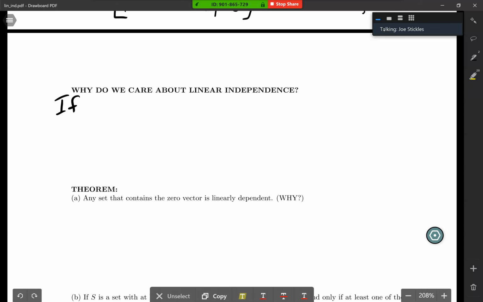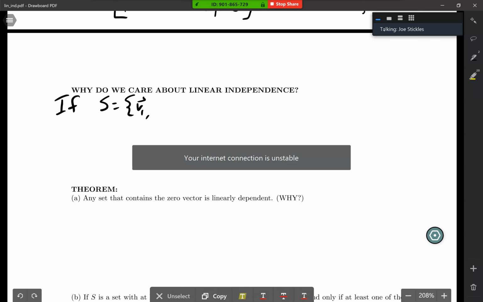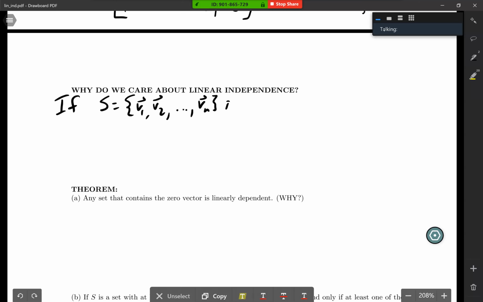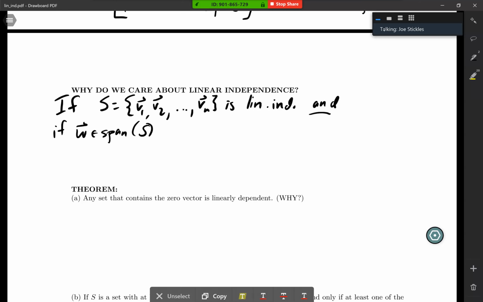However, if you have a linearly independent set, what you have is that if S is, I'll say, V1, V2, on to Vn, is linearly independent, and if I'll call it W, is in the span of S. Remember, span is the set of all possible linear combinations that you can make with the vectors in the set.